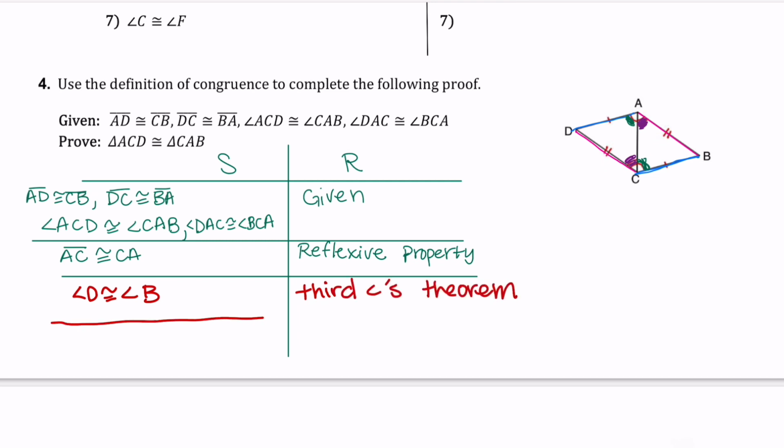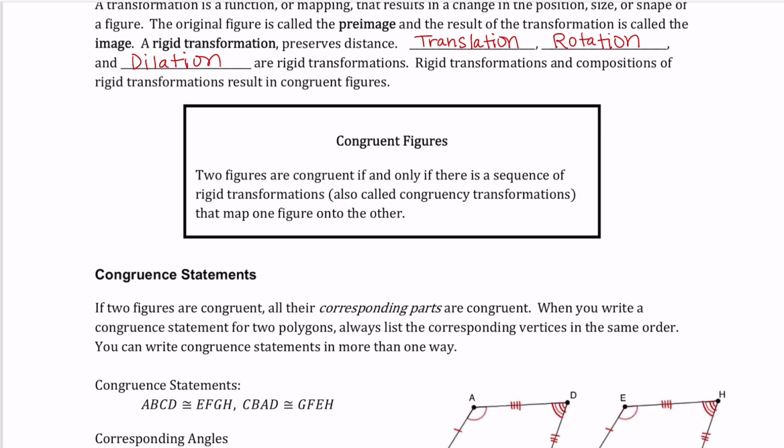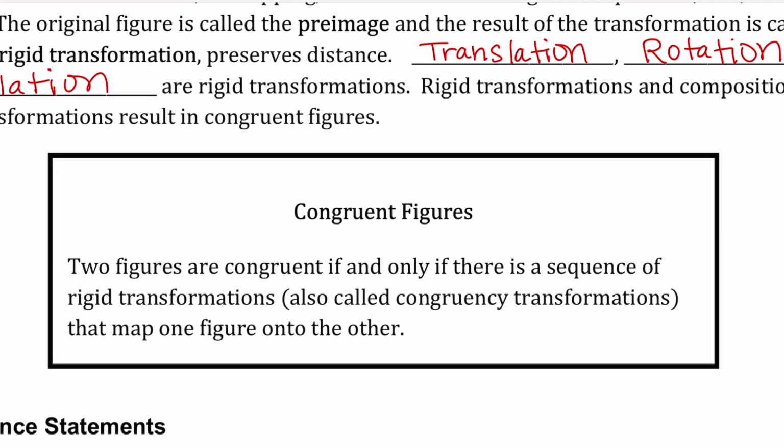Now we've shown all the sides are the same and all the angles are the same, so triangle ACD has to be congruent to triangle CAB by the definition of congruent figures that we learned here.